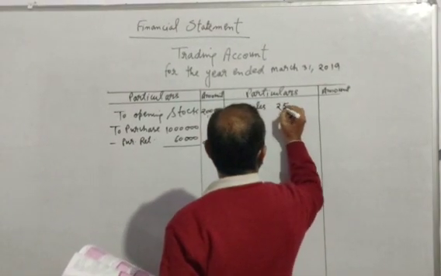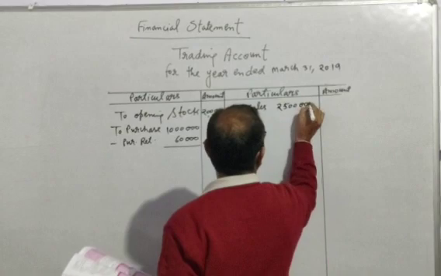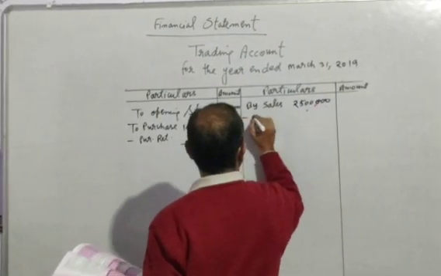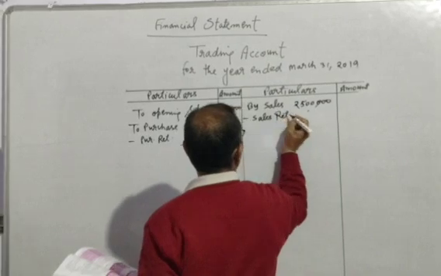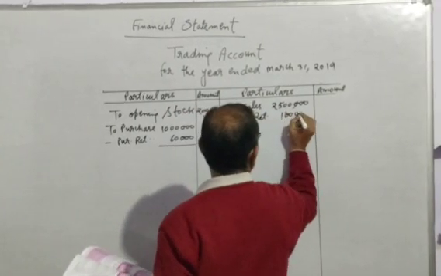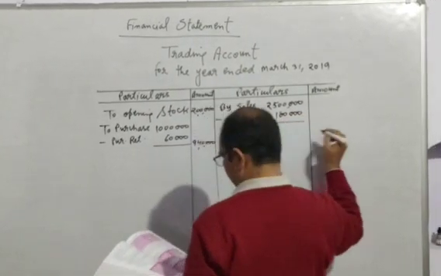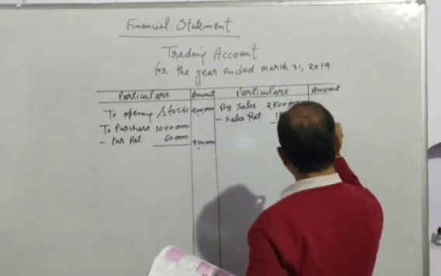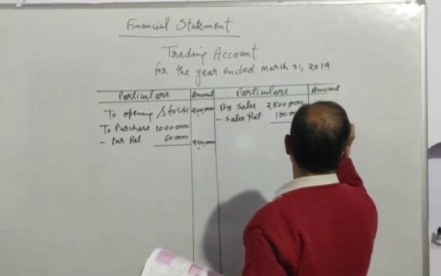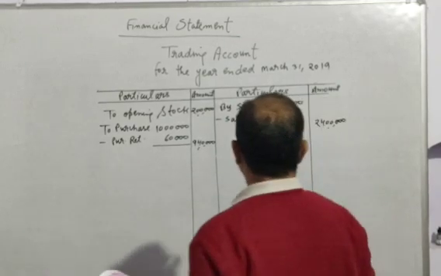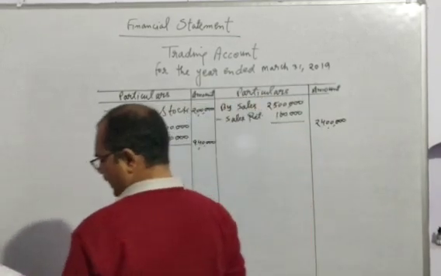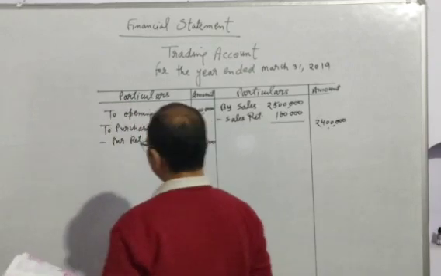So we will write here 25 lakh, and after that we will deduct sales return of 1 lakh, and in this way we will write 24 lakh in the amount column. This would be the final amount.